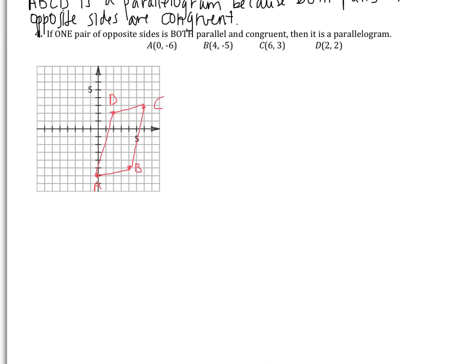Okay, so what you're going to have to do is you're going to have to pick one pair of sides. Your options are one pair of opposite sides, A, B, and C, D, or A, D, and B, C.